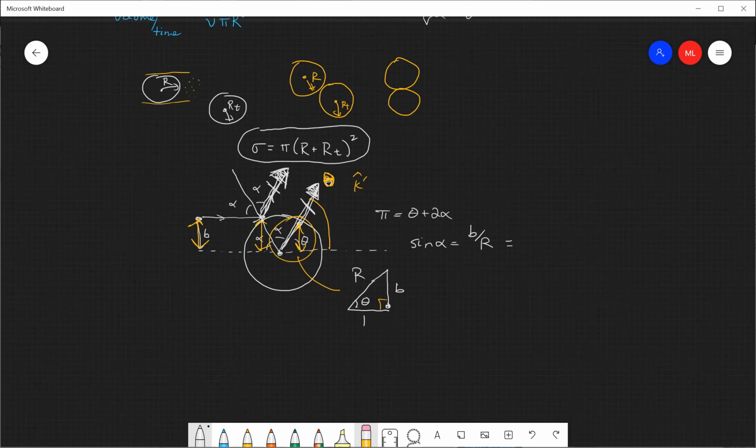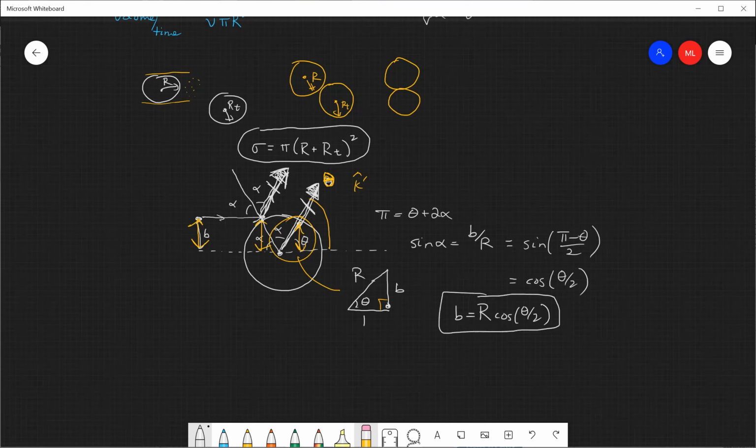And the sine of alpha is sine of pi minus theta over 2, which is just cosine of theta over 2. So in the end, we find that the impact parameter is related to the scattered angle like this, just from this geometry.